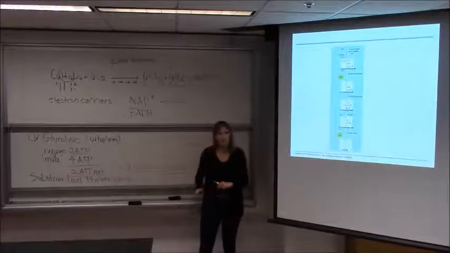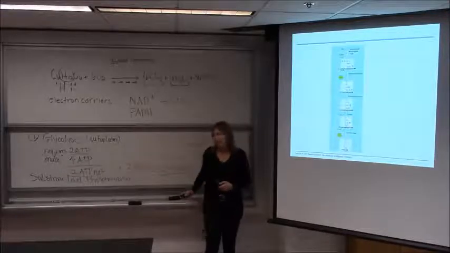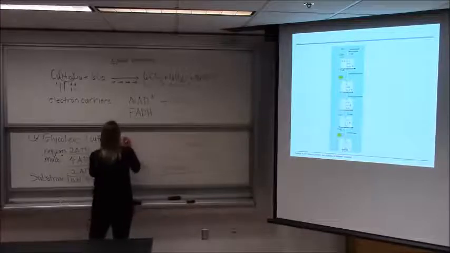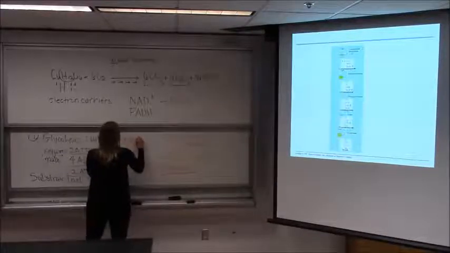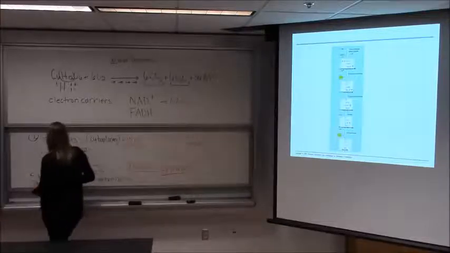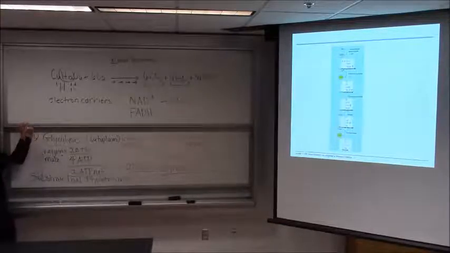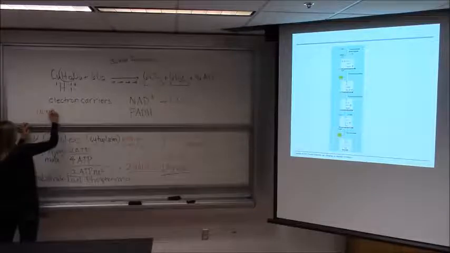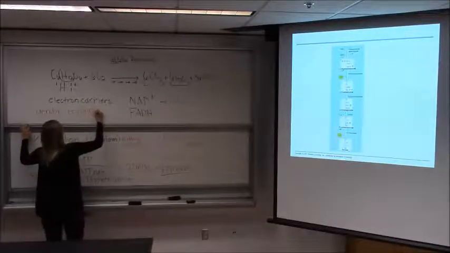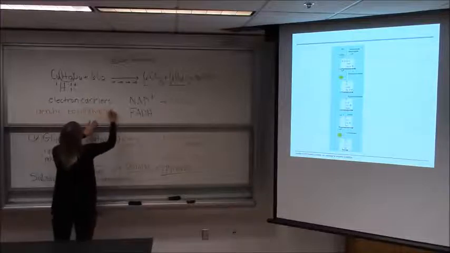Now, if oxygen is present, we're going to keep going. Glycolysis is the only process that can happen with or without oxygen. If oxygen is present, it's called aerobic respiration. So aerobic means O2 is present.